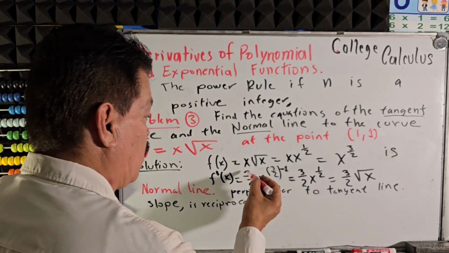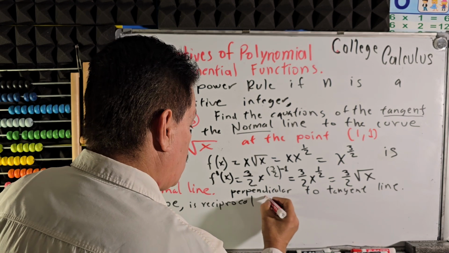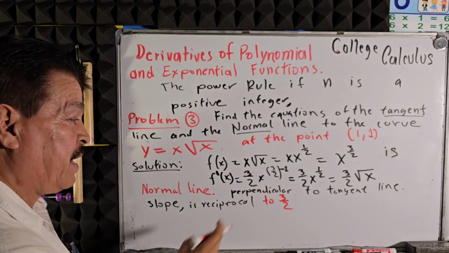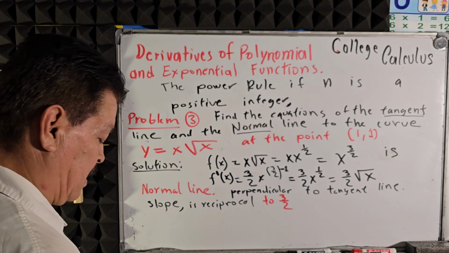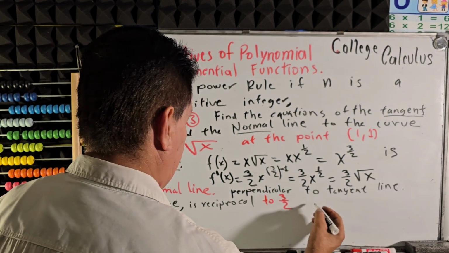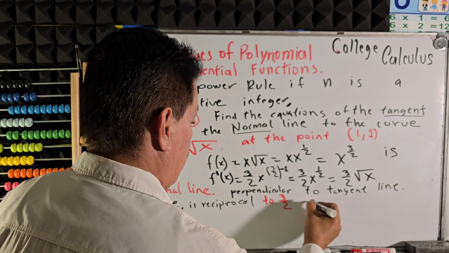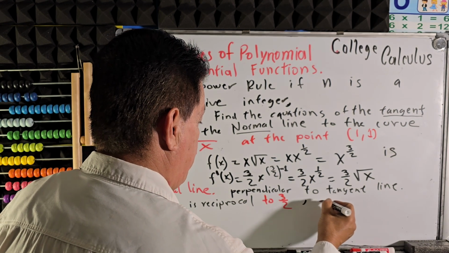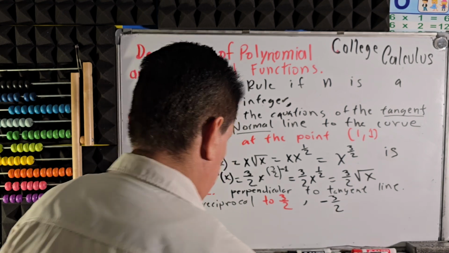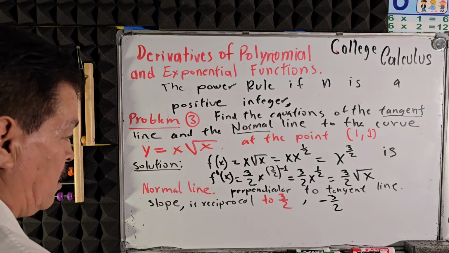This is the slope right here, reciprocal to 3/2, right? So it will be negative 2/3.